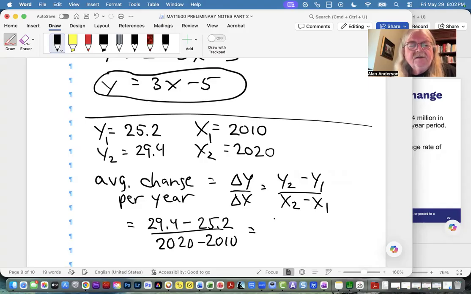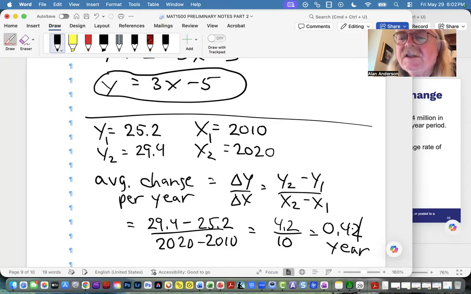So we have a change of 4.2 over 10. And of course, it's understood these are in millions.